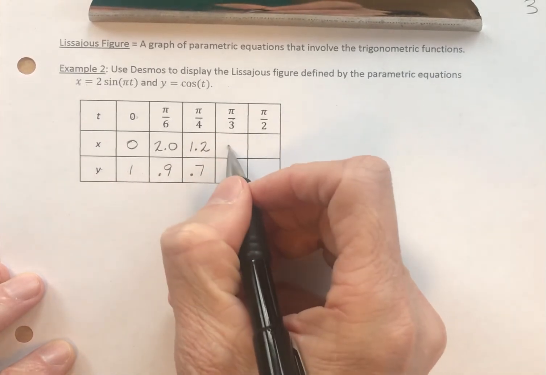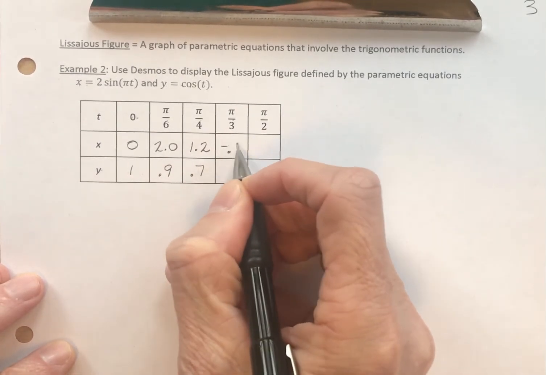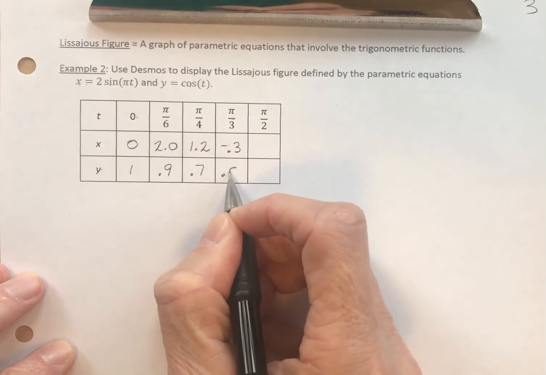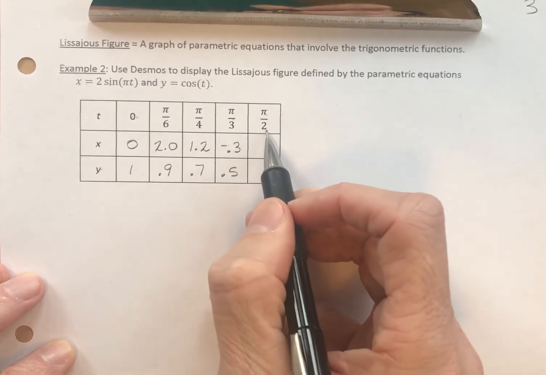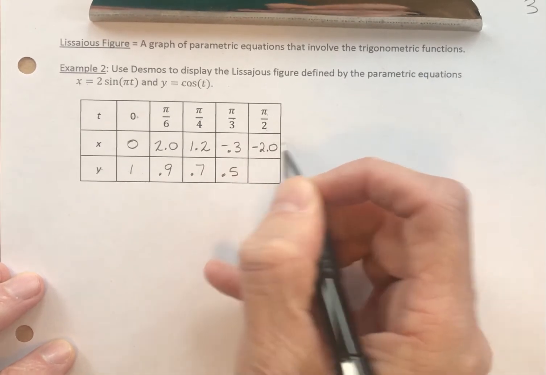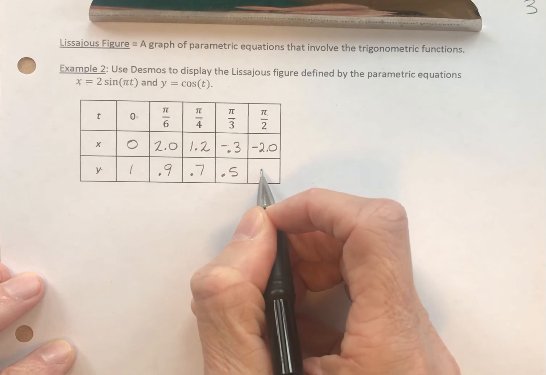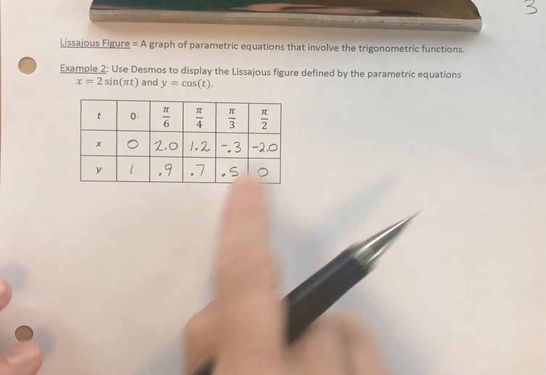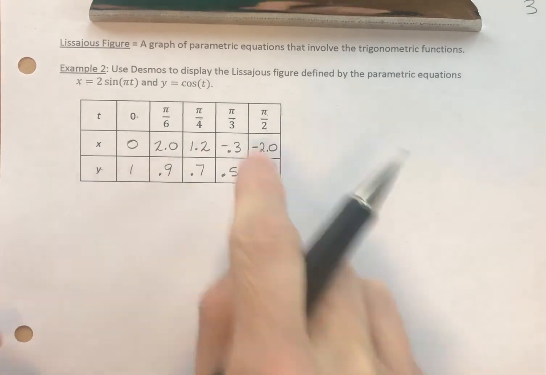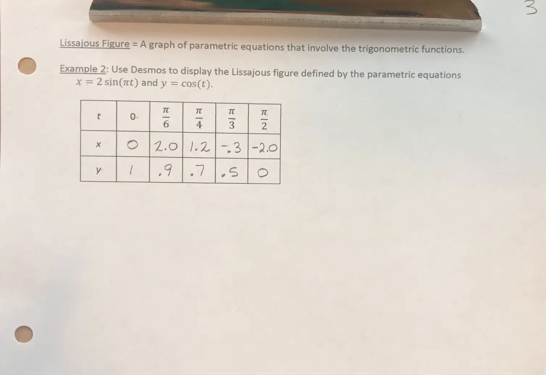At pi over 3, the x coordinate goes negative, -0.3, and the y coordinate stays positive at 0.5. And at pi over 2, the x coordinate is approximately -2, and the y coordinate is 0. I put those numbers into a table so you can see them, rounded to the nearest tenth.